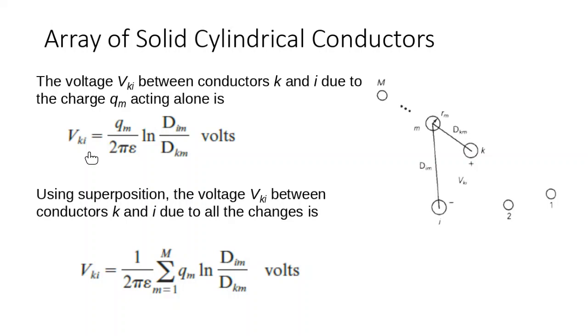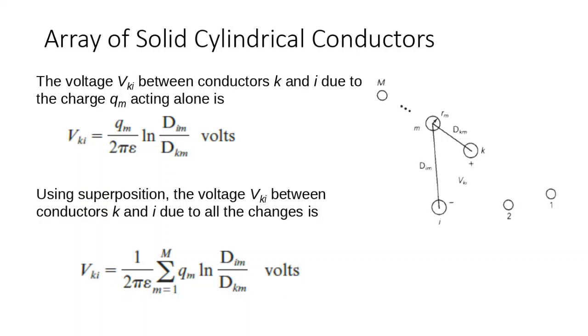So there is a charge in conductor m. How will it affect the voltage between conductors k and i? This is the formula, as you can see. And if we use superposition for a number of conductors, we get this.